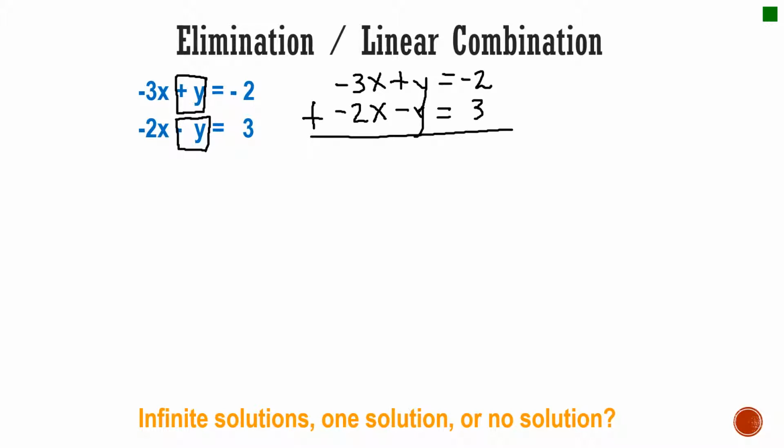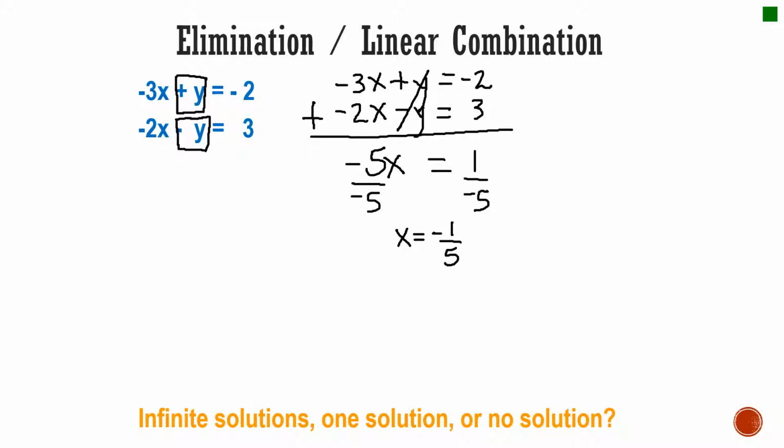So negative 3x minus 2x gives me a negative 5x. y minus y, there's that elimination, so I don't have to worry about my y's here, equals negative 2 plus 3, and that's going to give me 1. I solve my equation like usual, divide by negative 5 on each side, and I can see that x is negative 1/5.